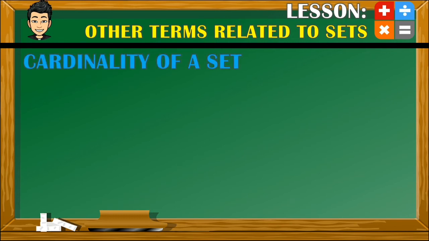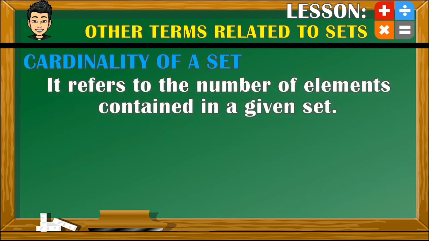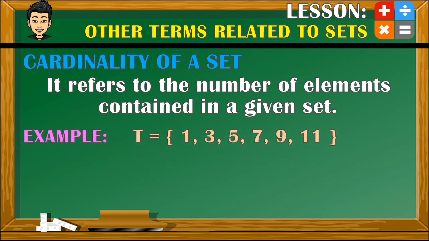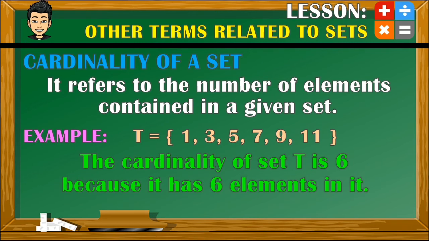Lastly, we have cardinality of a set. Cardinality of a set simply refers to the number of elements contained in a set. For example, if we have set T with the following elements, we can say that the cardinality of set T is 6 because it has 6 elements in it.